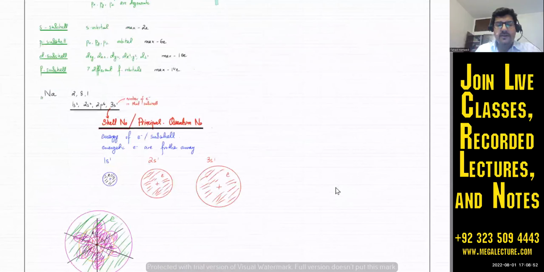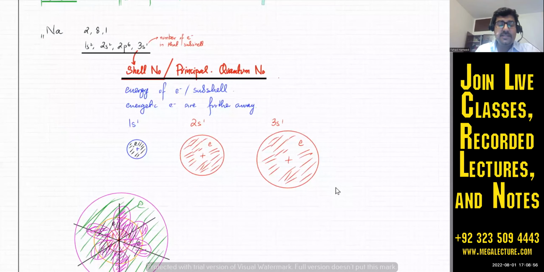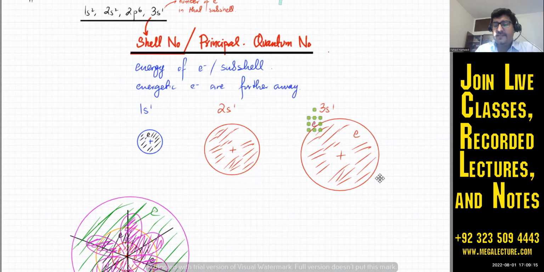So then we talked about shells. I told you that shell is nothing physical. It's just the energy of the electron. If you have an energetic electron in an orbital or subshell, the electron will occupy spaces much further away. The electron will be very energetic, so it will be buzzing around in areas. If it's even more energetic, the electron will be much further away from the nucleus.